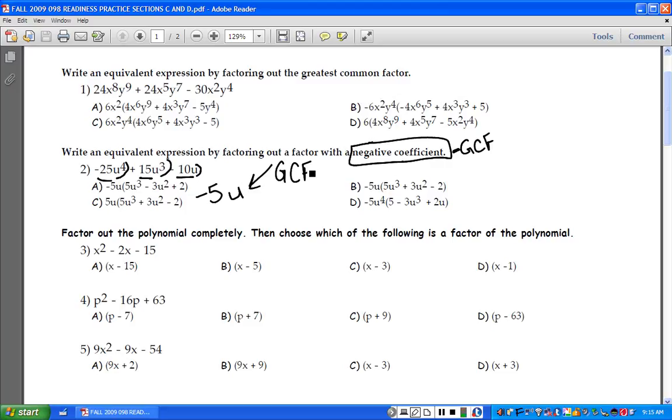Okay, so we write our initial polynomial, and once again we're going to divide each term by the negative 5u.